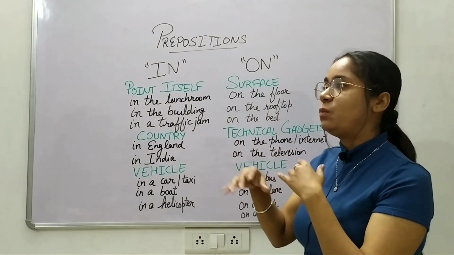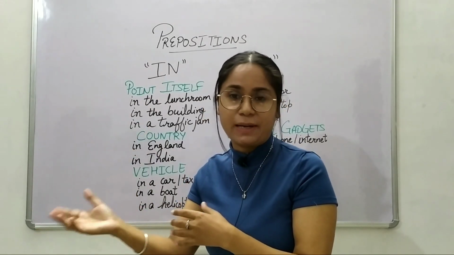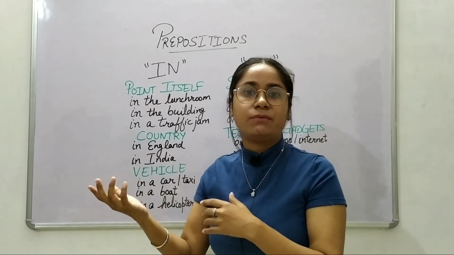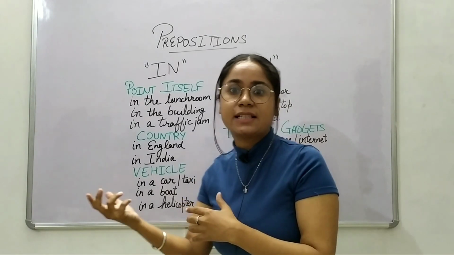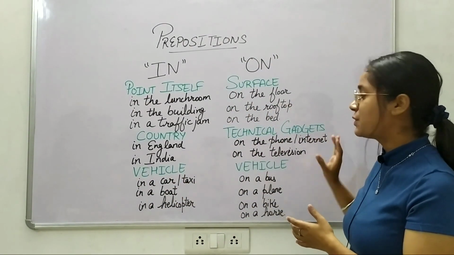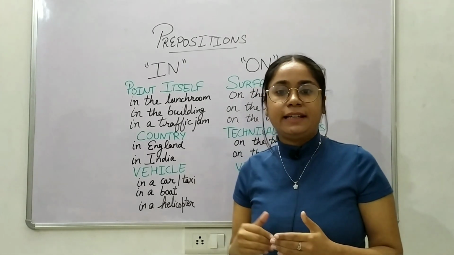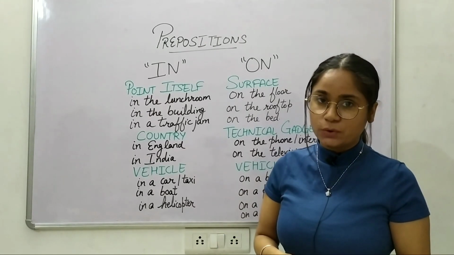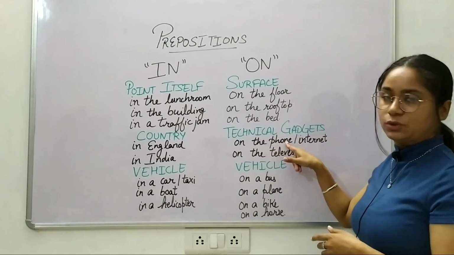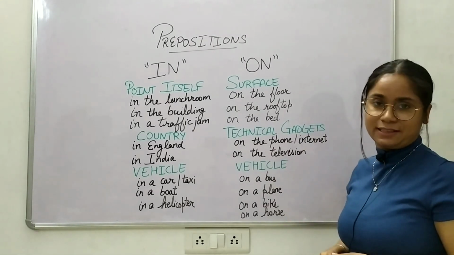But when we are watching someone who is at a distant place, or we are talking to someone who is at a distant place through a technological gadget, we use on. For instance, I'm talking with Sam on the phone. I've been FaceTiming Sam on the internet.